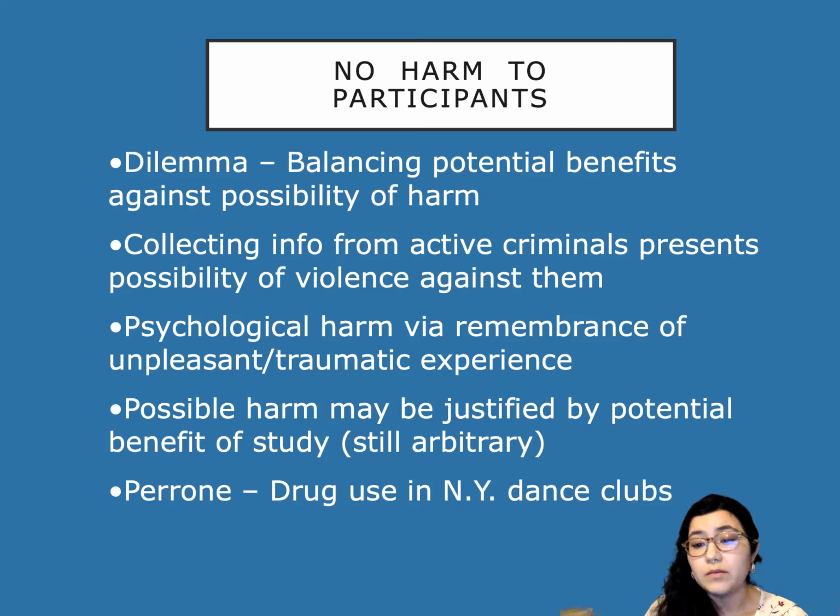Your book provides an example of a study by Perón, who was studying drug use in a New York dance club. In this instance, if someone is using drugs and harming themselves or getting to the point of overdose, there's a difficulty: I'm a researcher and I'm supposed to be just observing, but I also have an obligation as a human being to help this person.